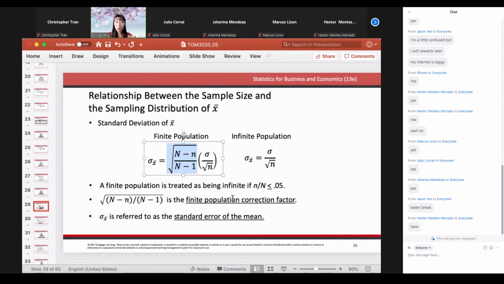We only use this finite population correction factor when we know the exact size of the population and when we have a large sample. It doesn't apply to every single situation. So in this example, it would apply because we know the population is a total of 900 students. And 30 is a small sample, but we can enlarge it. So that's fine.